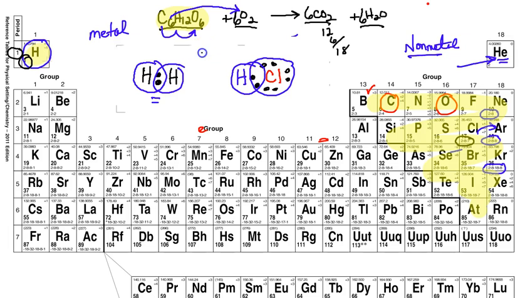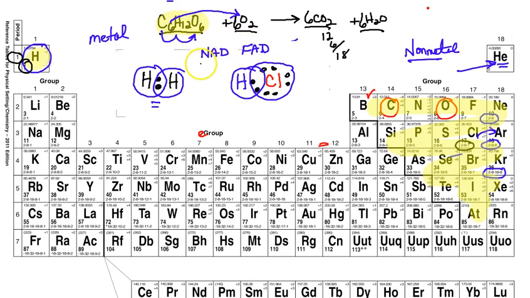And if we remember, NAD and FAD are 2 coenzymes, which are water-soluble vitamins, niacin and riboflavin, that help shuttle these electrons from the sugar to the oxygen. But it's subtle.